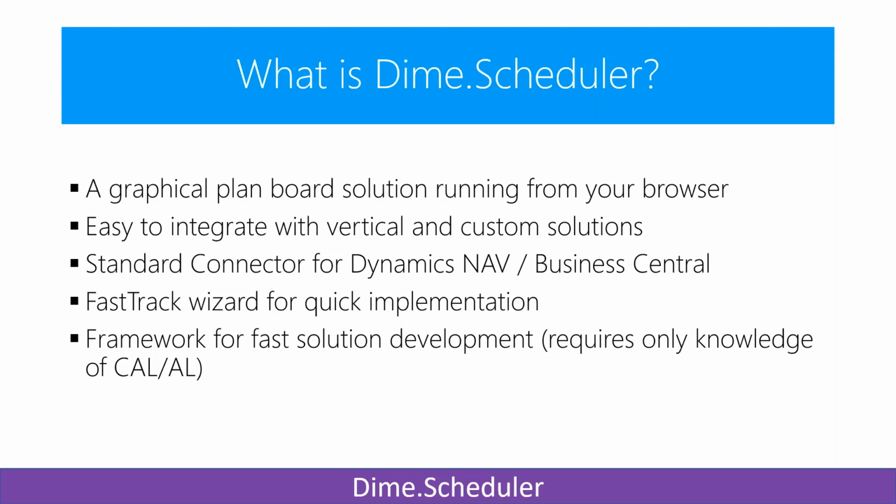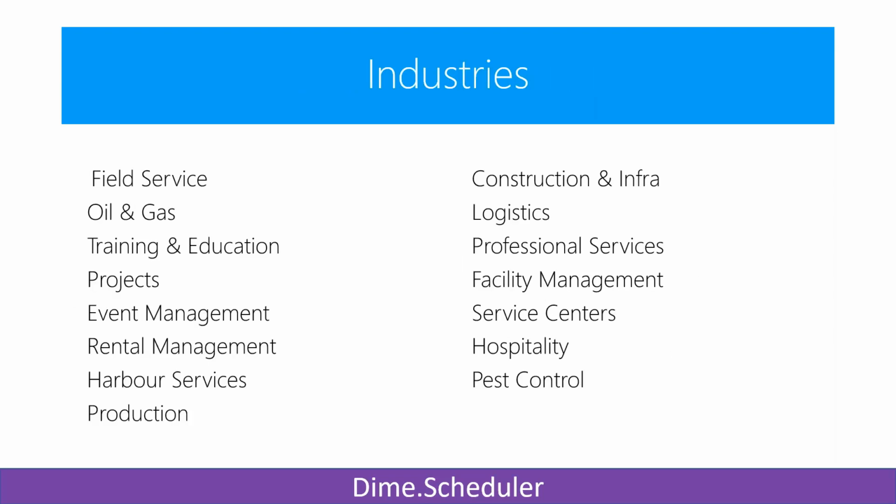The industries that we are being used in, at least today, well, a vast majority of our install base would be in field service and in construction and infrastructure, simply because out of the box we would tick nine out of ten boxes on any requirement sheet or any RFP or any RFI that comes from that field.